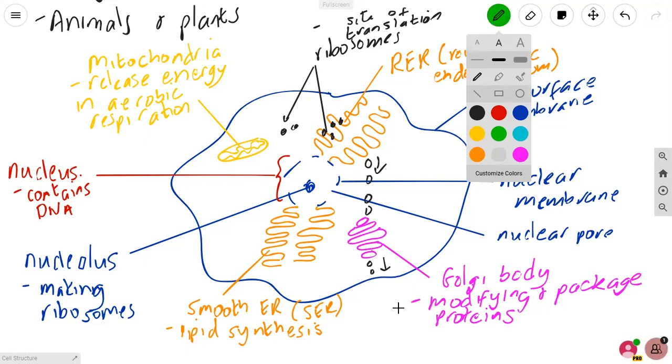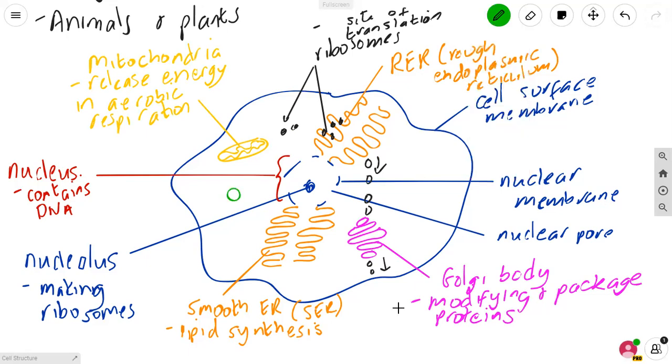And we also have within the cell these tiny little envelopes packed full, and they are known as lysosomes. They're packed full of hydrolytic enzymes.